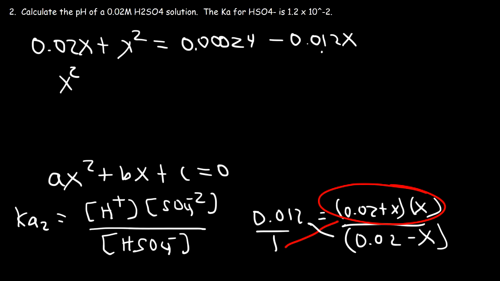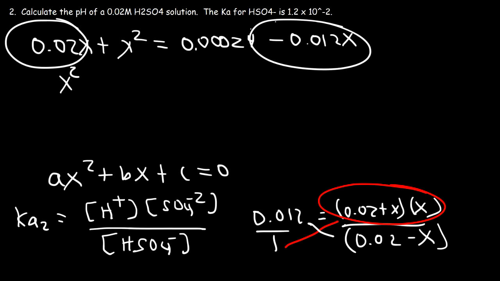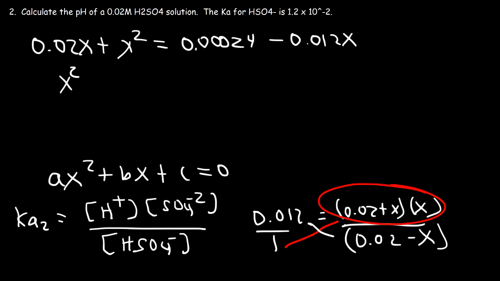Now I need to take this term, move it to this side, where it's going to become positive on the left side. So it's going to be 0.02x plus 0.012x on the left side. And so that's going to be 0.032x. And I'm going to move this to the other side, where it's going to switch from positive to negative.